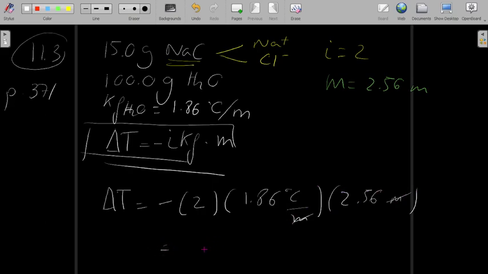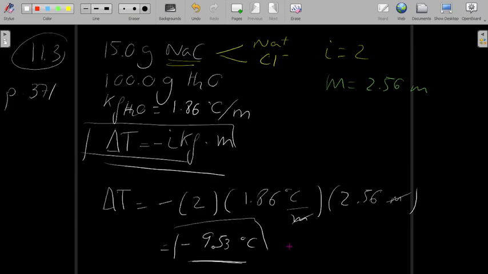Put everything in the calculator and you end with Celsius. How many? Minus 9.53 degrees Celsius, the change of temperature. So the freezing for this water that you just added salt to needs to be 9.53 degrees lower than the freezing temperature of the water. So minus 9.53 degrees Celsius.